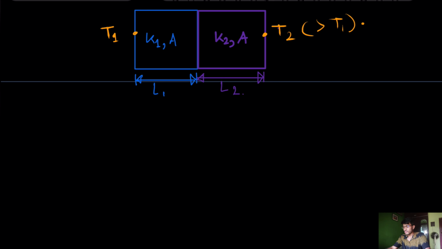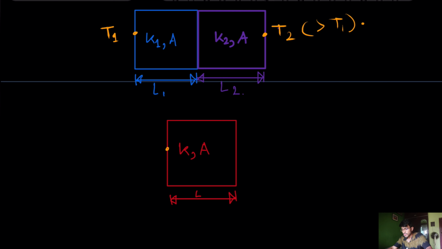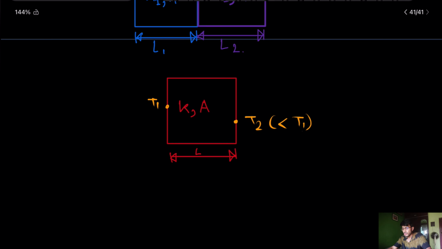First of all, for a simple block, if I had taken just one block having K, A and L, here it is T1, here it is T2, and now T2 is less than T1.